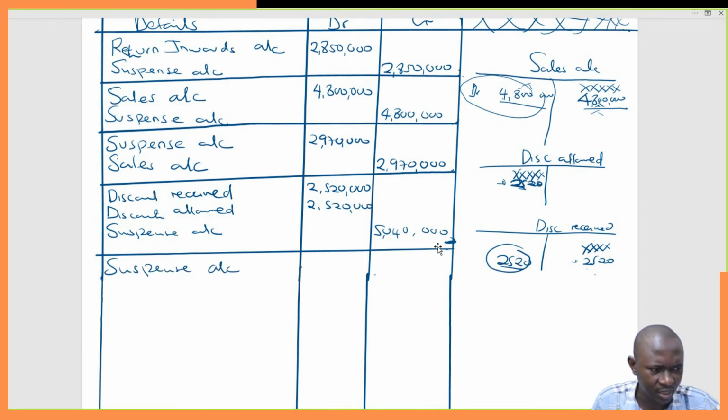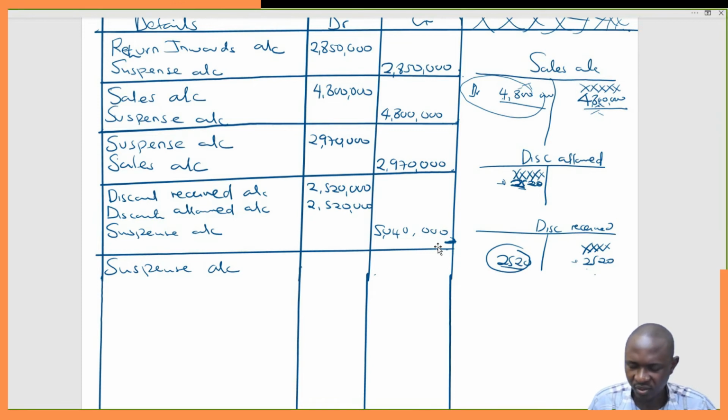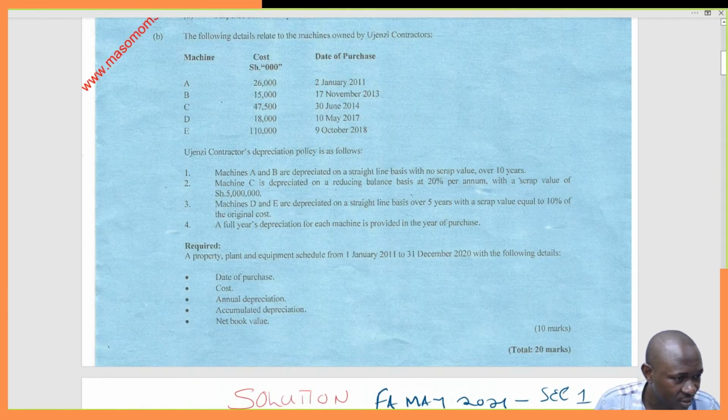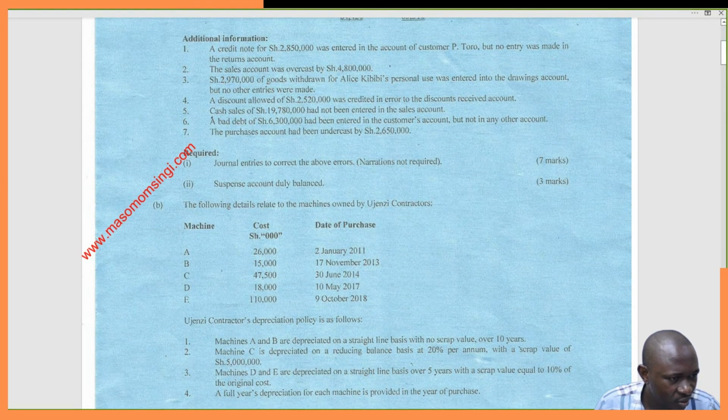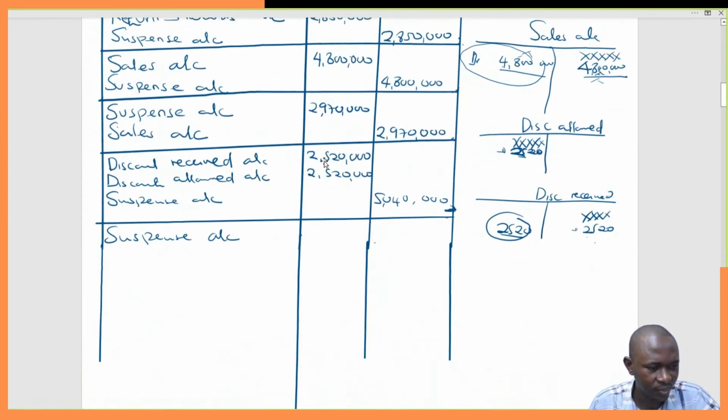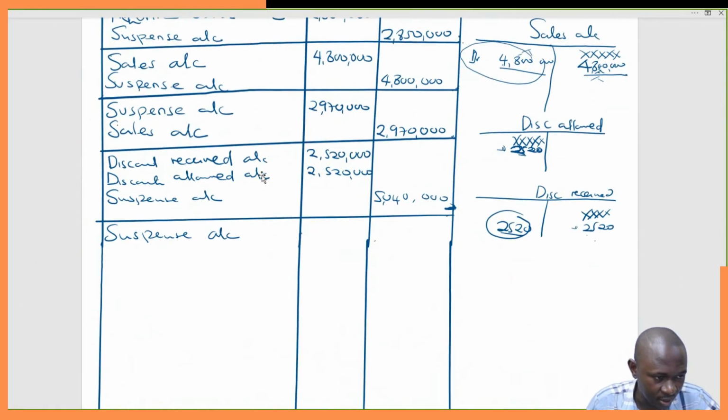Suspense account, how much was the figure? I think these were cash sales of 19,780,000. So you simply say 19,780,000 like that, and then we say credit.